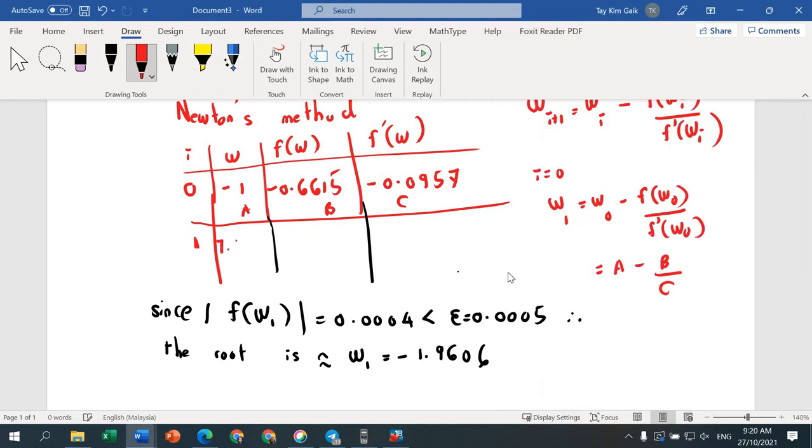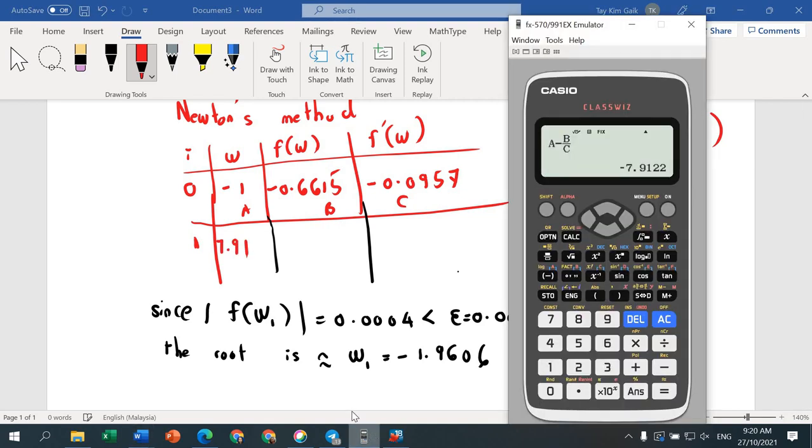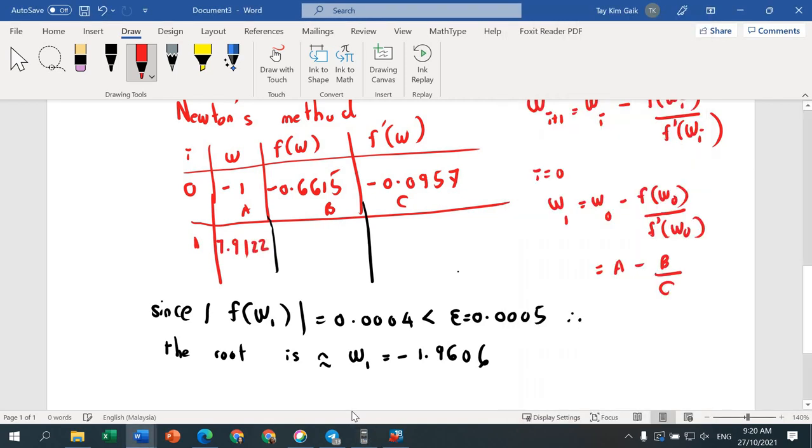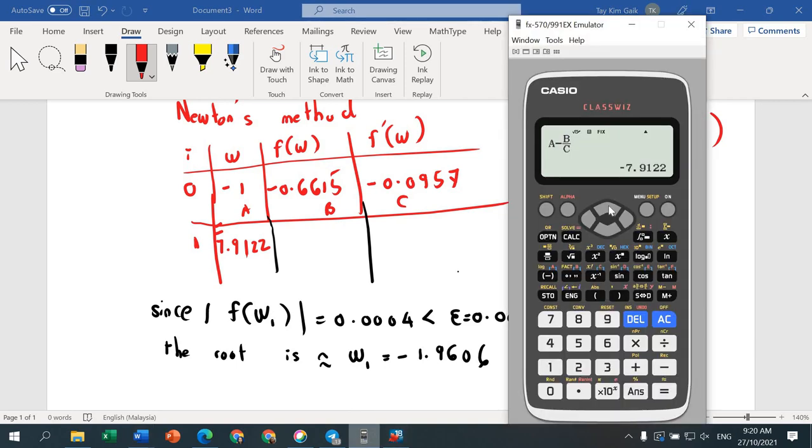So negative 7.9122. I calculate wrongly. Let me check. This one, x -1.